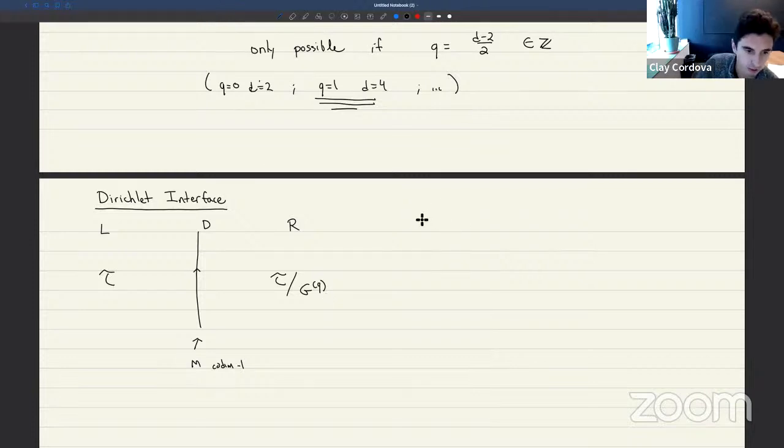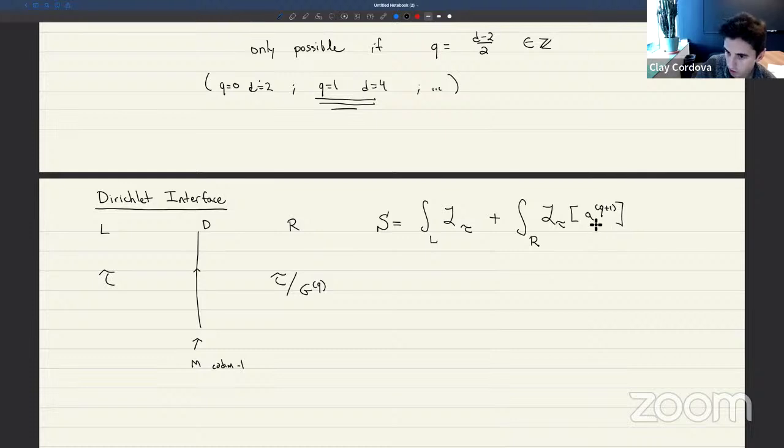So what will be the action for this configuration? I'll have an integral over the left side of whatever was going on for the theory that I started with, plus an integral over the right side of this theory coupled to these gauge fields for GQ. So these are going to be dynamical GQ gauge fields.